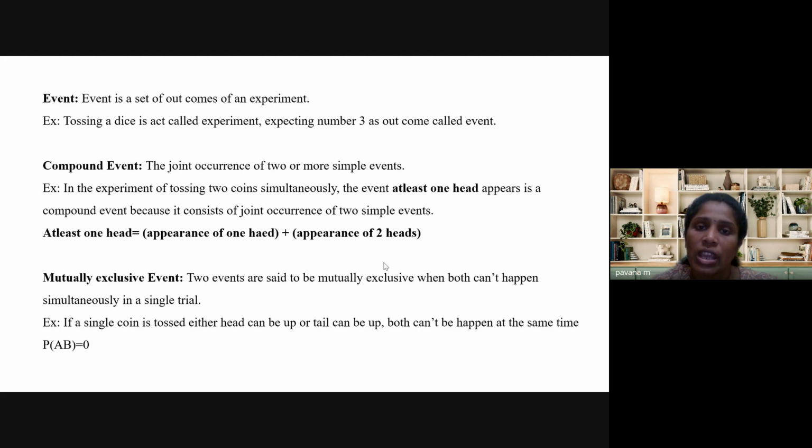You can expect any one result, either head or tail. You can't expect both results by tossing a single coin, because these results are mutually exclusive. That means when head occurs, tail will not happen, and when tail occurs, head will not appear. These situations are called mutually exclusive events. That means both situations never happen in a single experiment.